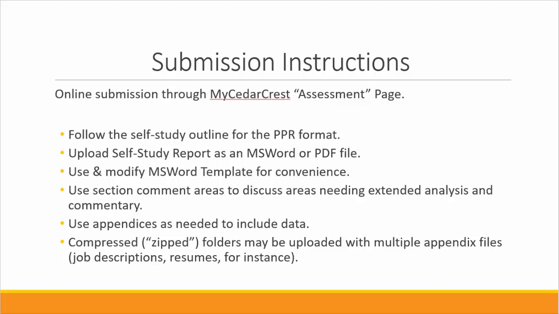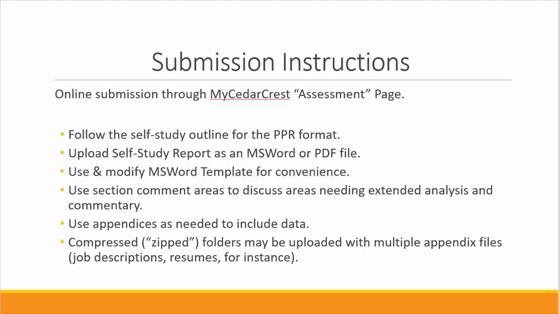So for instance, if you have Excel files or PDFs, maybe resumes, job descriptions, and so forth, and you can't paste those into the Word template, just compress them and label them as appendices. So, Appendix 1.1 for Section 1.1 and so forth. And that can be uploaded through the website.